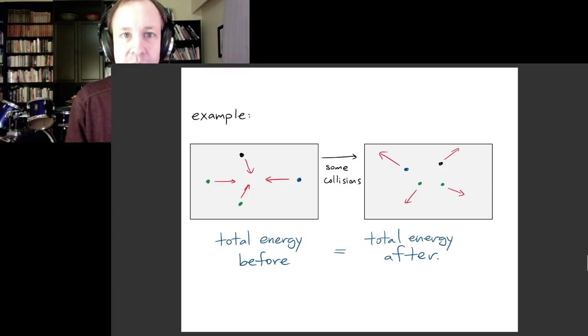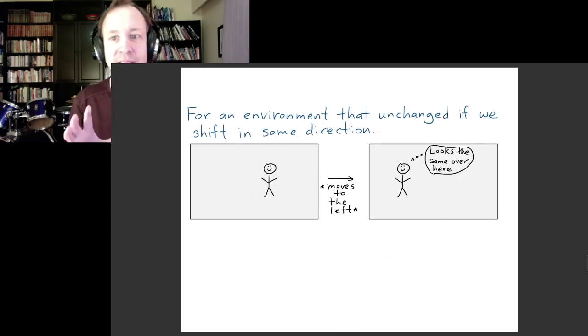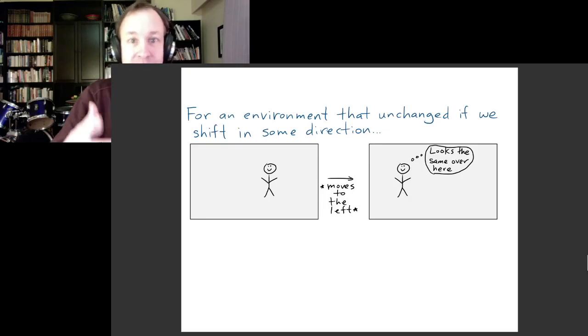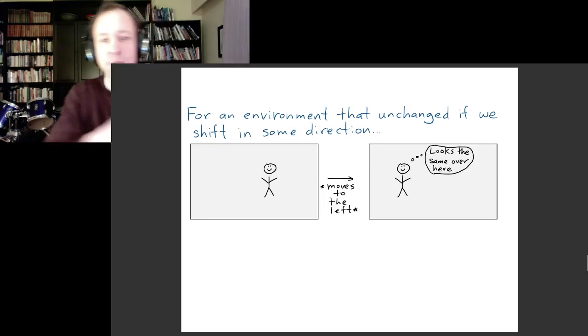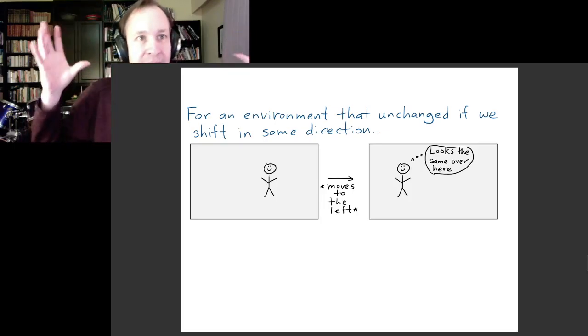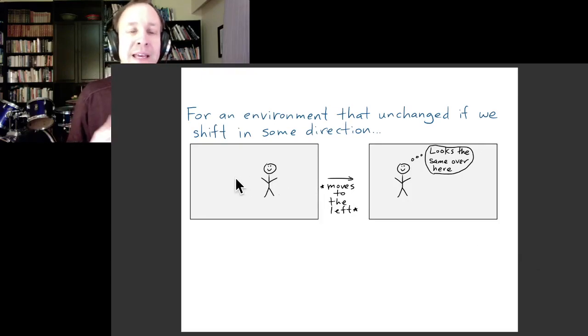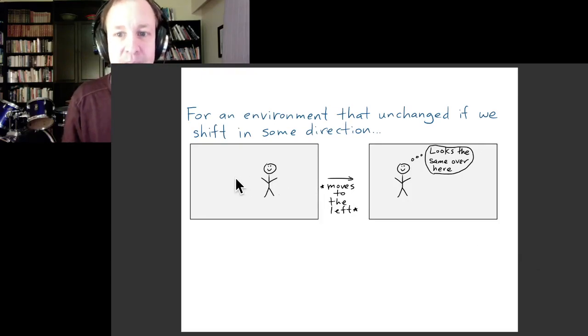Now I want to move on to the next example of a symmetry and the next example of a conservation law. The next example has to do with the symmetry that we discovered earlier, the spatial shift symmetry. We noticed that if you were in empty space and you moved to the right or the left or up or down, then everything would look the same as before.